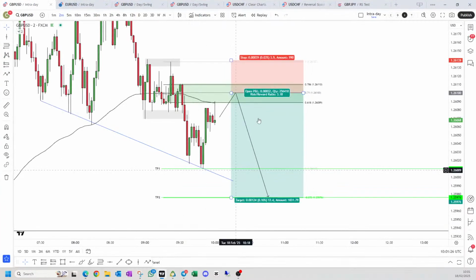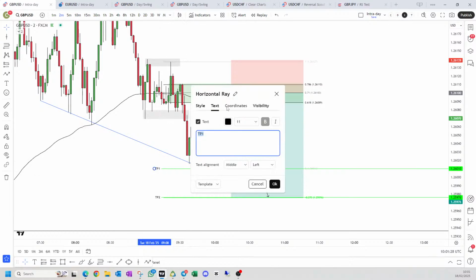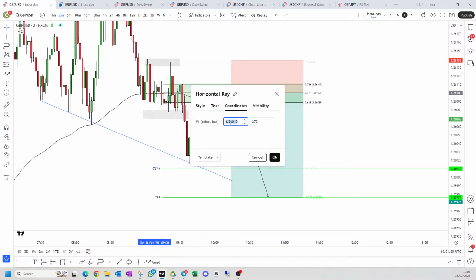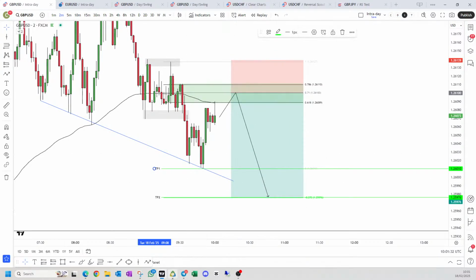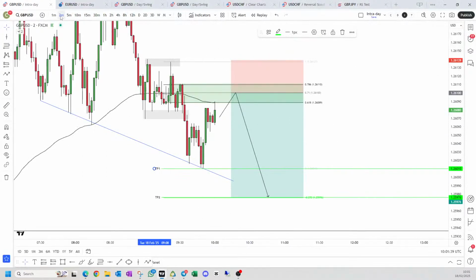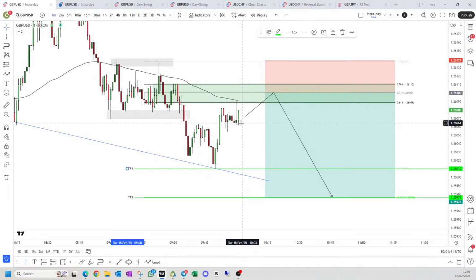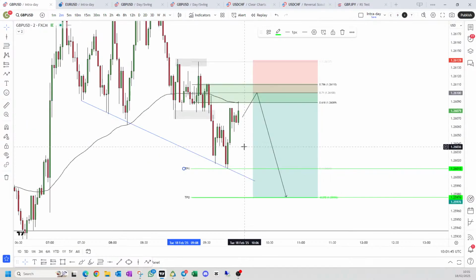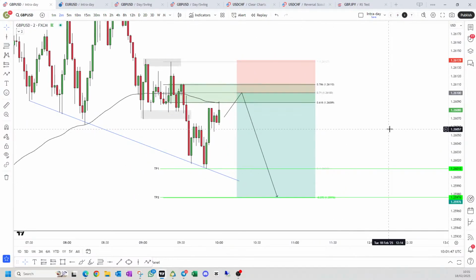TP there. Yep. I'm going to full close at TP1, just like that, and then we wait for this candle to close if it is going to close that way. So that's 1 minute of rejection. Wait and see how this candle closes now.